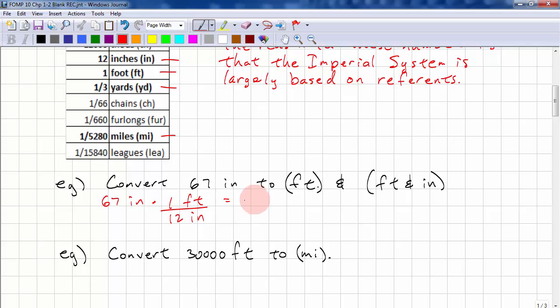That equals 5.583 repeat, and this is not useful. Okay, nobody says this. We don't have decimal feet. We have feet and inches, so this is the more useful conversion.